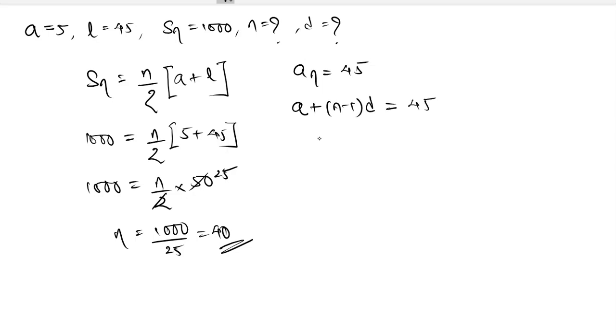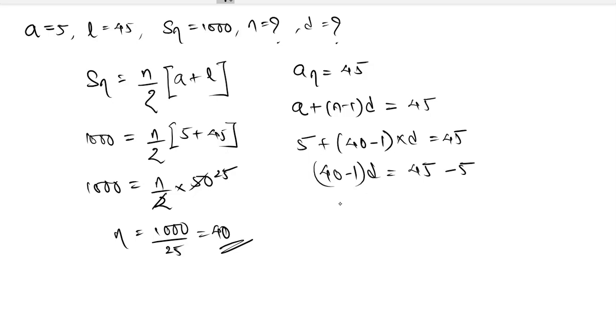First term is 5, number of terms is 40, so 40 minus 1 into d is equal to 45 minus 5. So the common difference d will be 40 upon 39.